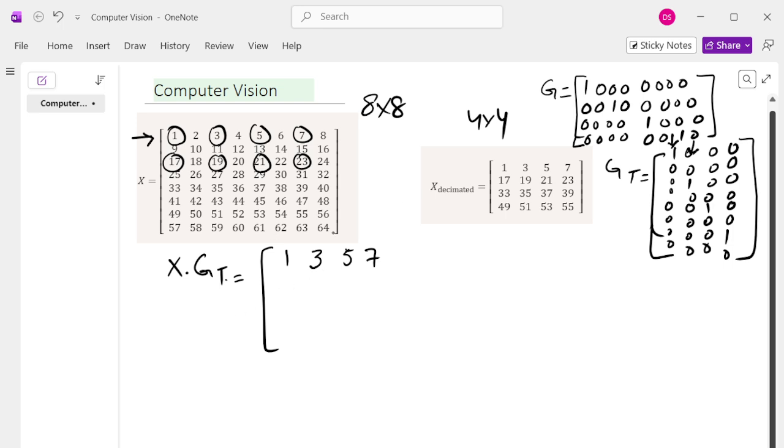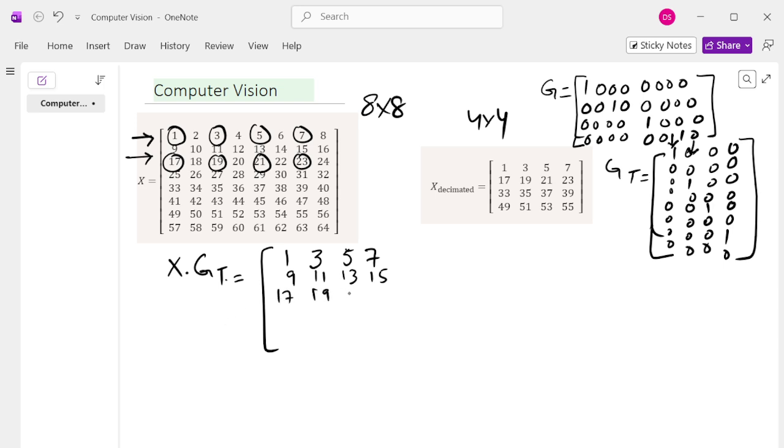So if you continue on, then for the second row and first column, this would be 9 11 13 and 15. Then we would be having 17 19 21 and 23.